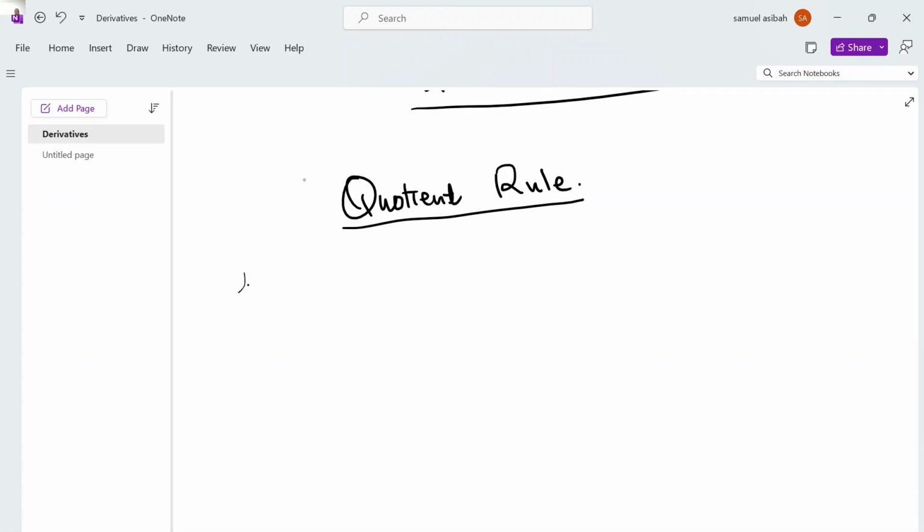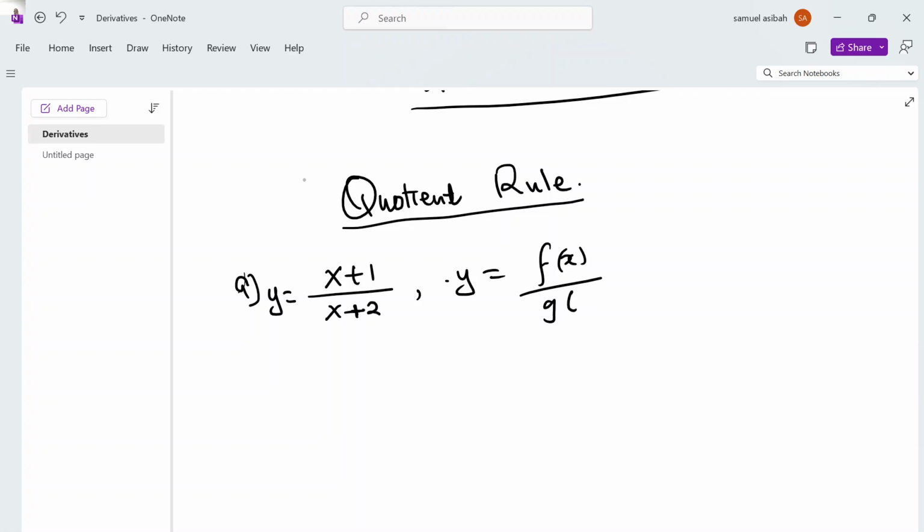For instance, when we have x plus 1 over x plus 2, you see, these are fractions, functions in the form of fractions, which we can easily say that if y is equal to this, then we are talking about functions of the form f of x over g of x.